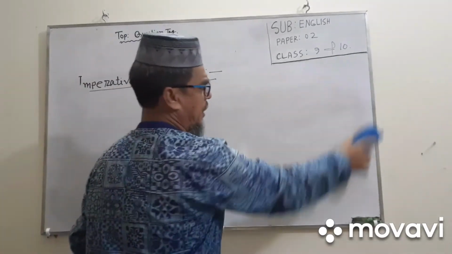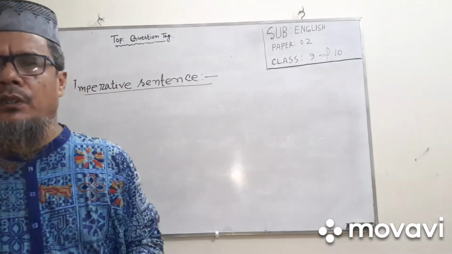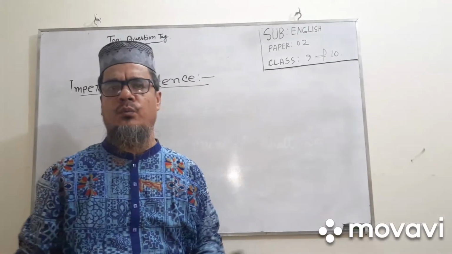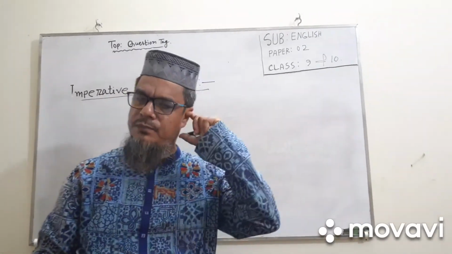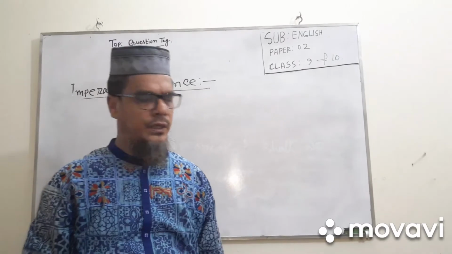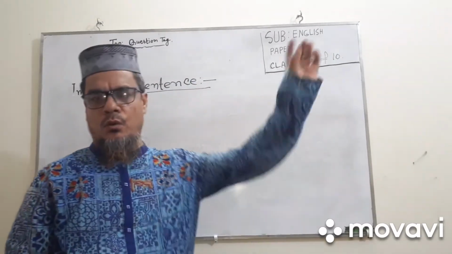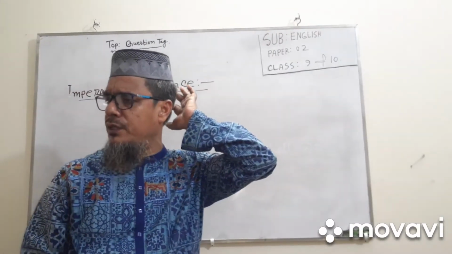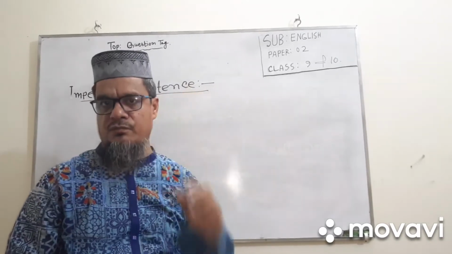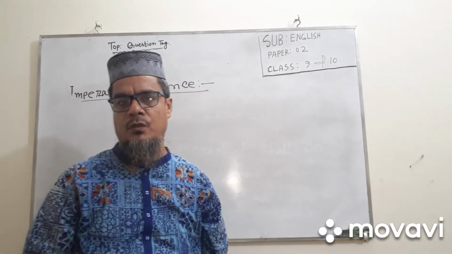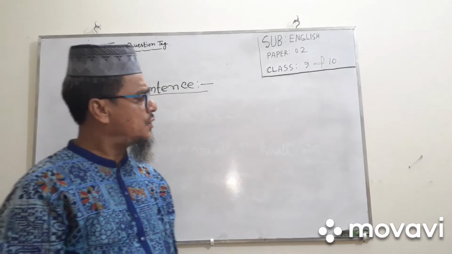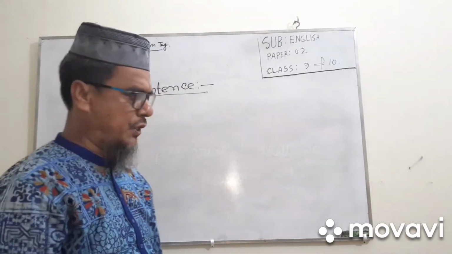Only two rules here. Let with any kind of subject takes will you. But when after let there is us, that means let's, we must use shall we. Okay, dear student.